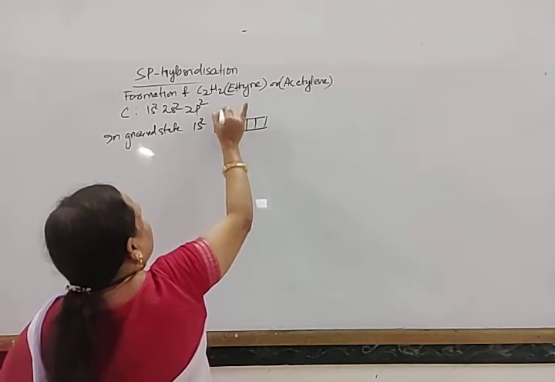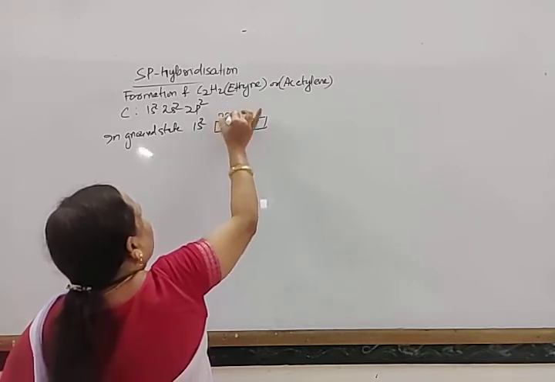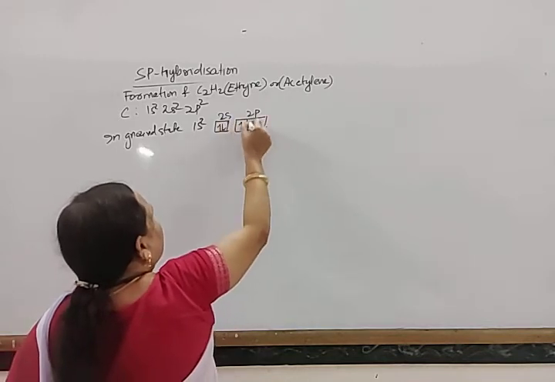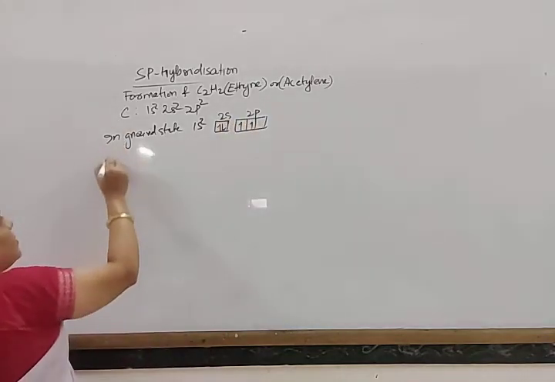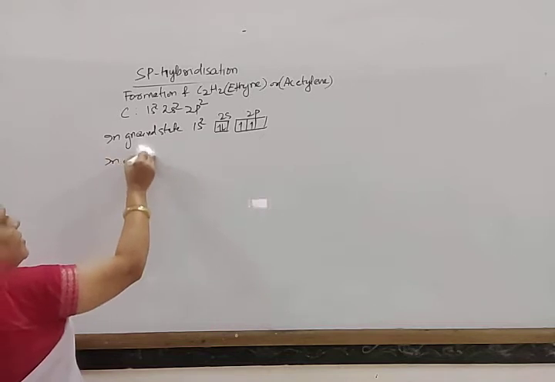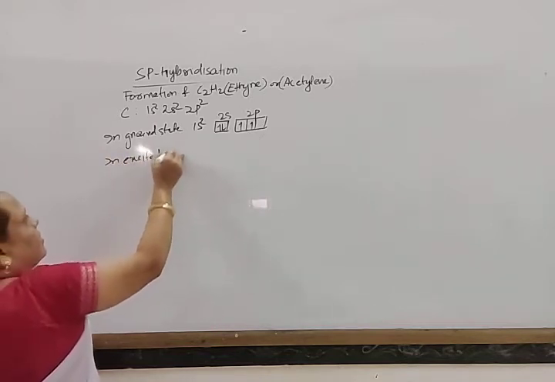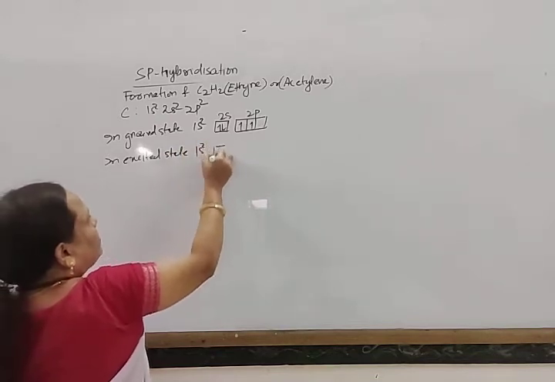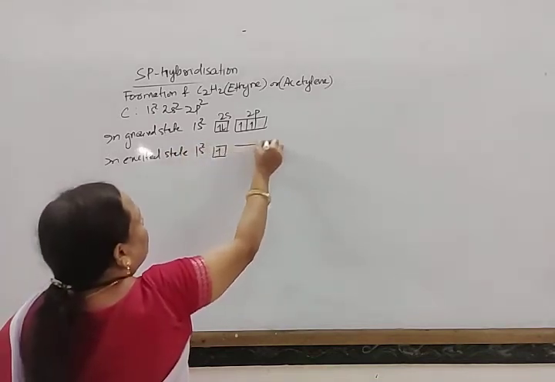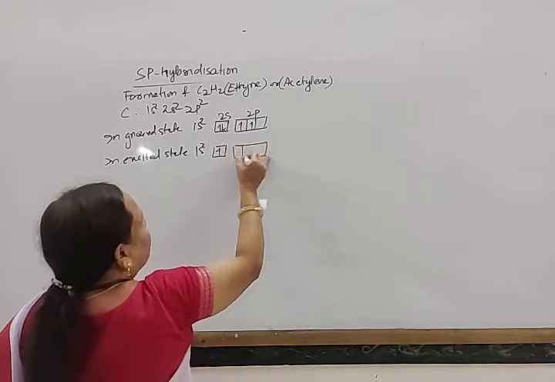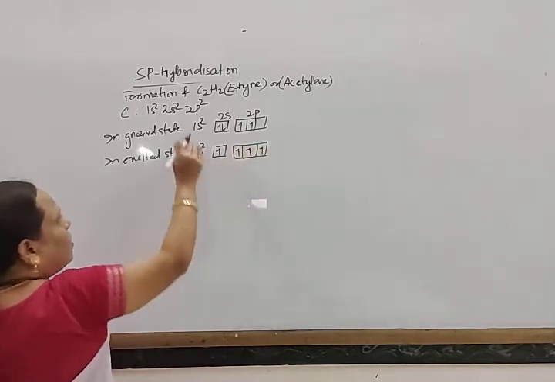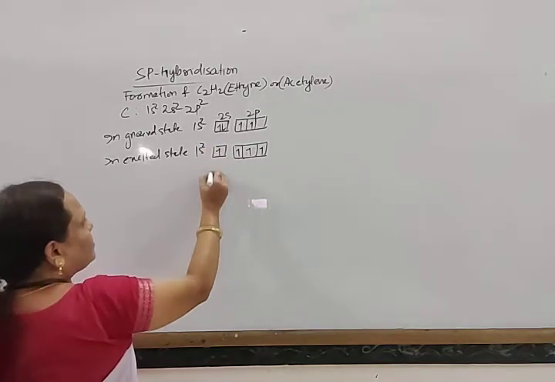So this is 2s and 2p, with 2 electrons here and here. In the excited state, 1 electron is promoted from this 2s to the 2p orbital, like this.